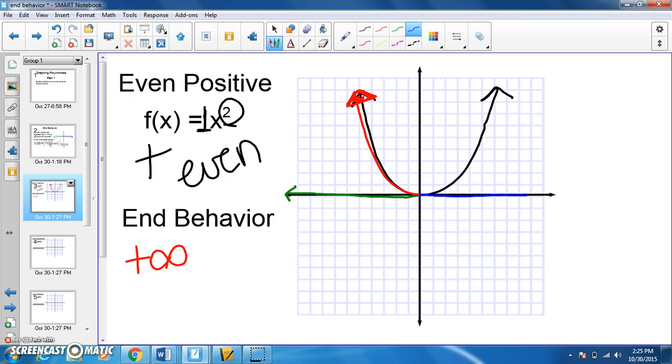Now, as our x values are approaching infinity, we look at our graph of x squared one more time and see that our y values are approaching positive infinity as well. So when we have an even degree with a positive leading coefficient, our end behavior is approaching positive infinity and positive infinity, both on the left and the right.